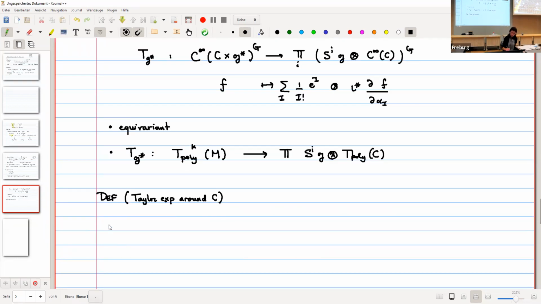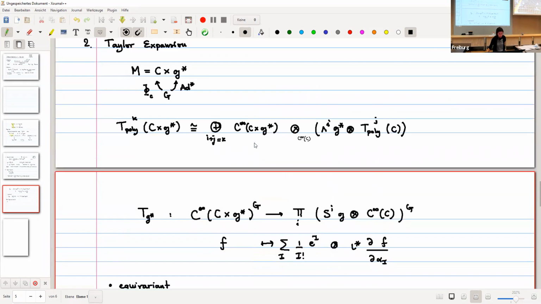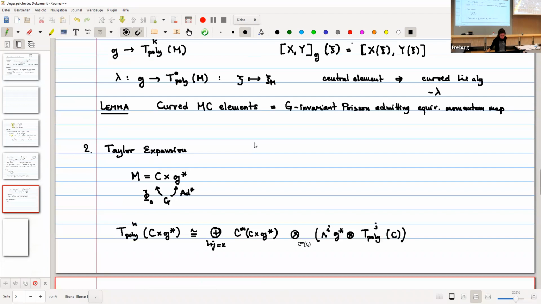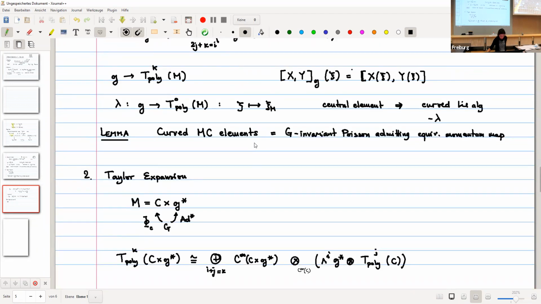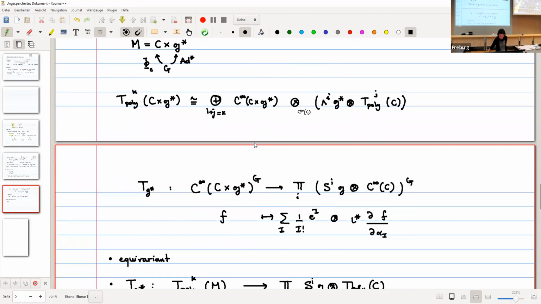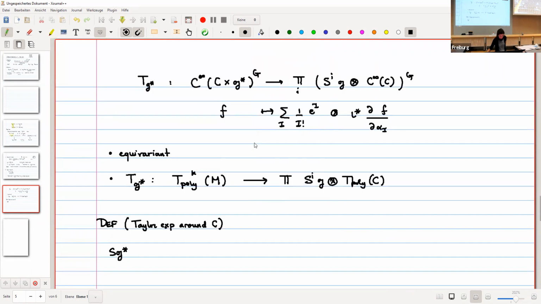Which is the following. So I consider the map. Remember what I had at the beginning, right? I have to extend now to the symmetric algebra.